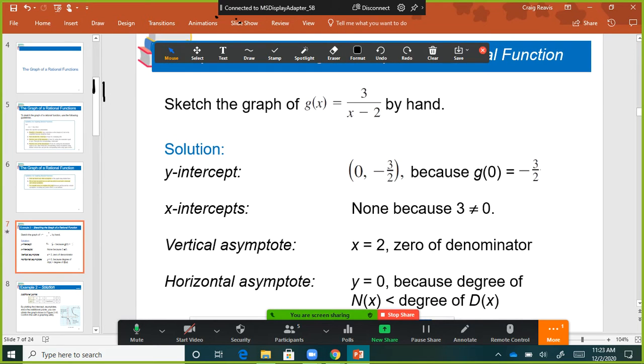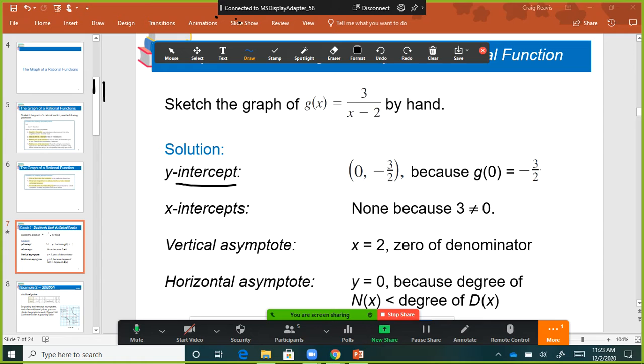So here's where we start. If we want to graph g of x equals 3 over x minus 2 by hand. Okay, so here's the things they're wanting you to do, and here's the things you're going to be asked to do on the assignment, and we'll look at a couple problems in a minute. Number one, you're going to be asked to find the y-intercept. You get the y-intercept when x equals 0.